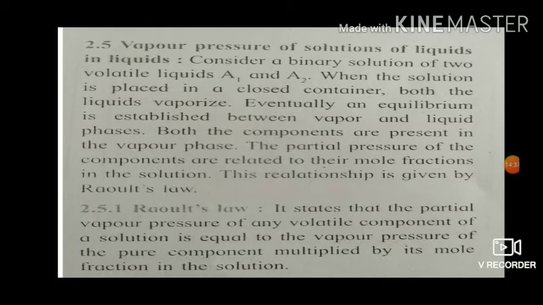But if the volatile liquid is taken in a vessel and it is closed by a lid, then the vapors accumulate near the lid, and there the vapors condense and are converted into liquid. This liquid again comes into the solution.